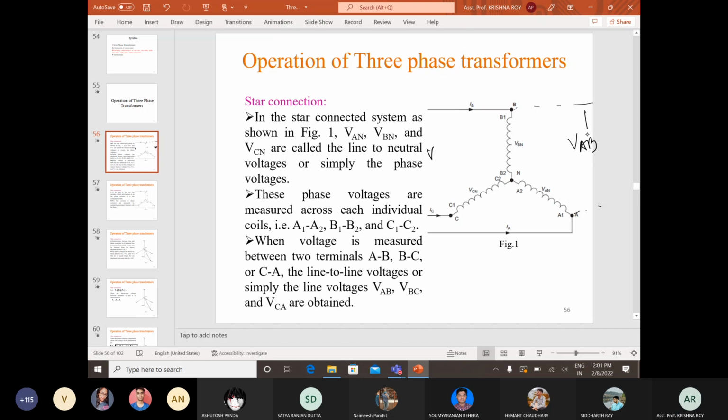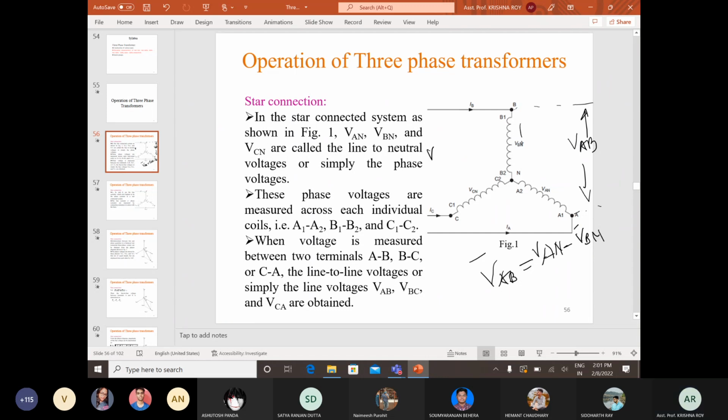So if we write the KVL equation, we can write VAB is equal to VAN minus VBN, because their directions are different.